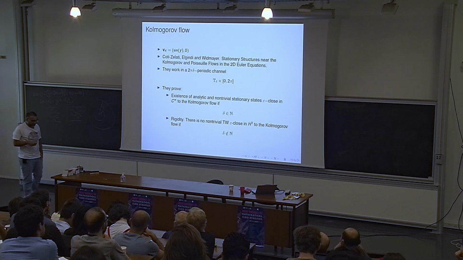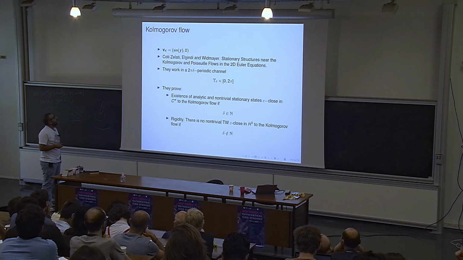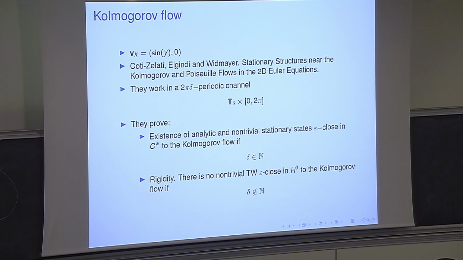Okay, let me say something about the Kolmogorov flow. So the system of traveling waves and stationary states arbitrarily close to it has been studied in the paper on stationary structures near Kolmogorov and Poiseuille flow in the Euler equation by Michele, Tarek, and Klaus Widmayer.